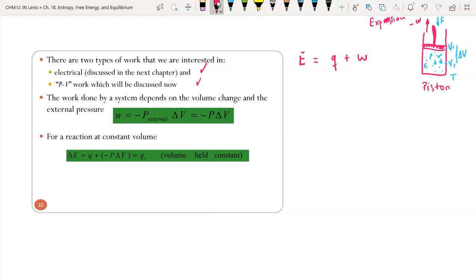So we can say that the work in this case is called negative work, because we are talking about the natural process, which is an expansion, equals negative P delta V. And that is what we call PV work. And that PV work is negative for an expansion of a gas. And we can transform this definition of energy: delta E equals Q minus P delta V.